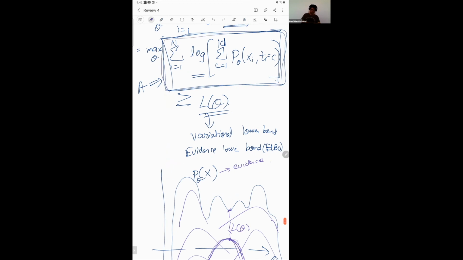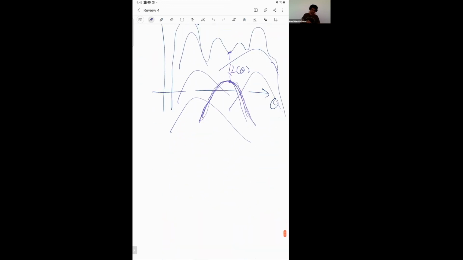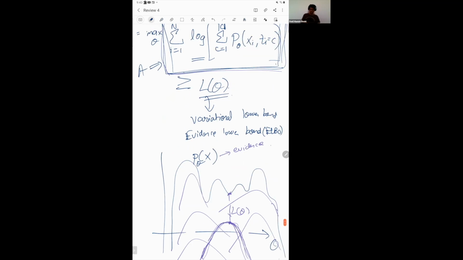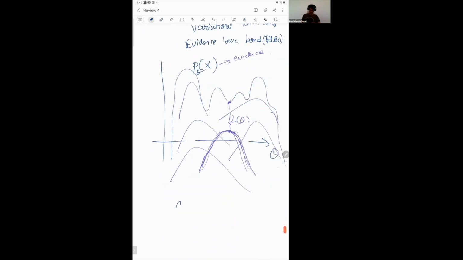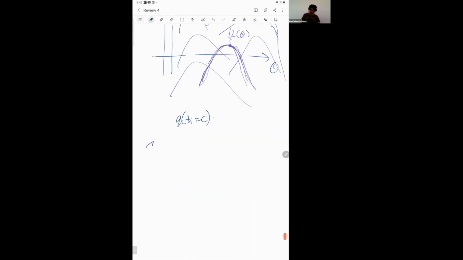This was our original equation, and we would now introduce a new free parameter. I'm just multiplying this equation in numerator and denominator with q of ti equals c.